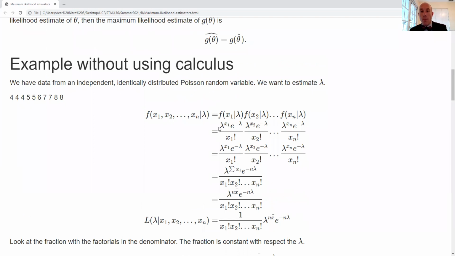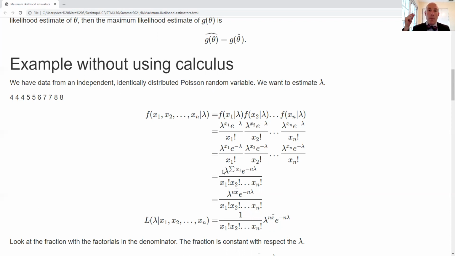So now on this step, I see that I have lambda to the power of something, lambda to the power of something, lambda to the power of something, and I'm going to multiply those all together. Well, if I keep on multiplying a bunch of things together and I have the same base every time, it's going to be the base to the power of the summation. You remember that from college algebra? So all of the lambdas together give me lambda to the power of the sum. I just add up all the exponents.